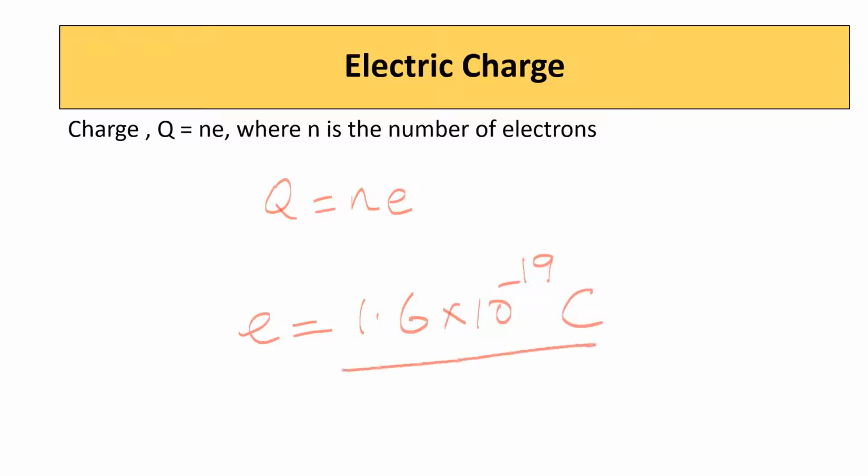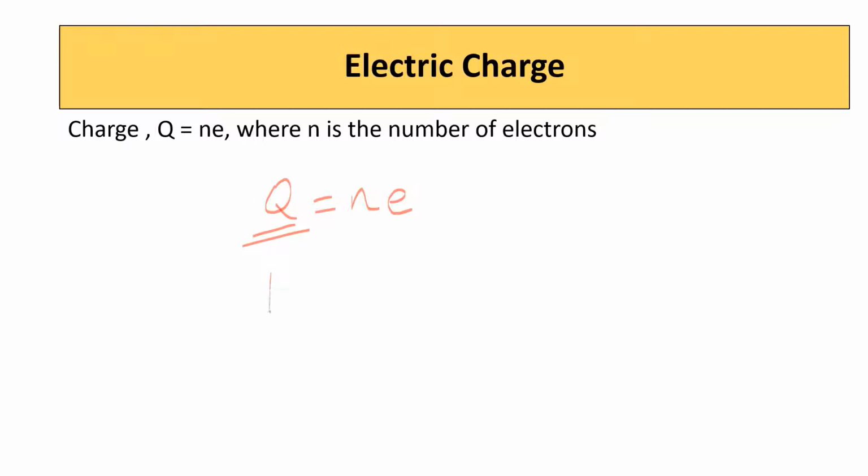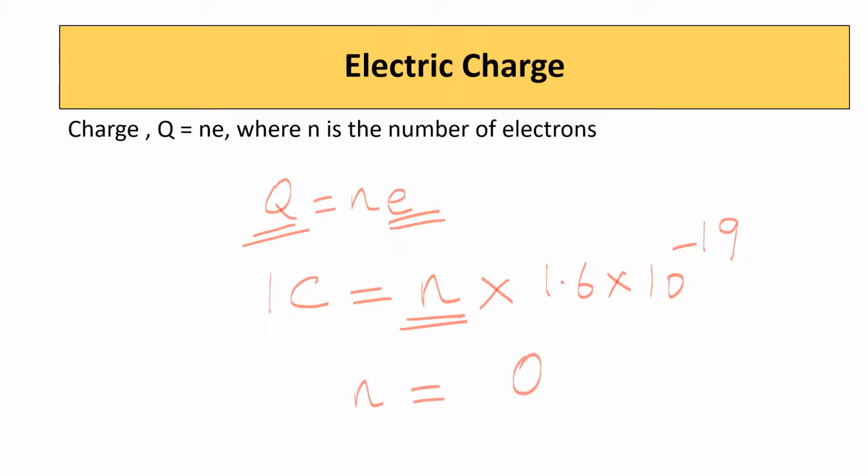This is negatively charged. If this charge Q is 1 coulomb, what will be the number of electrons present? e is 1.6 into 10 raised to minus 19. N is equal to Q by e, because Q is equal to Ne.